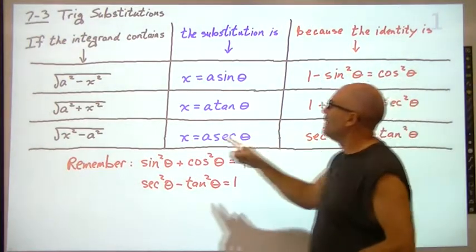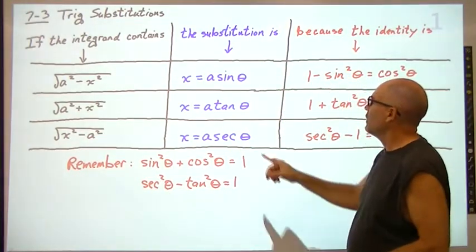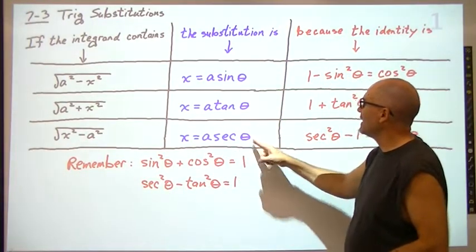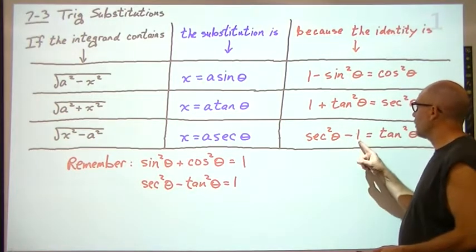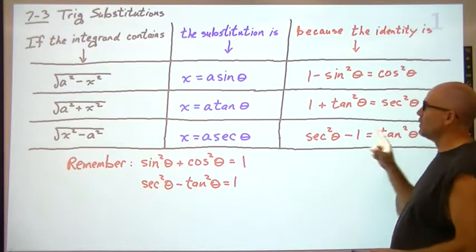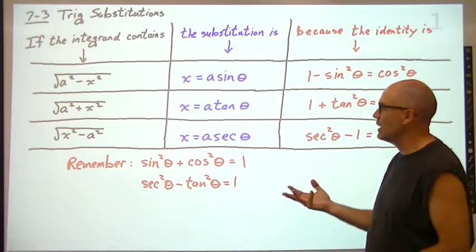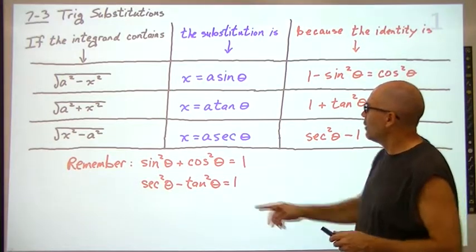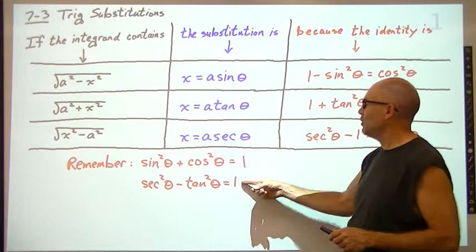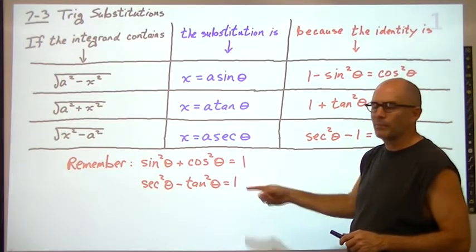And if you have x squared minus a squared under the radical, then you're going to go x equals a secant theta, because you want secant squared minus 1 equals tangent squared. You're going to have tangent squared under the radical, and that makes tangent outside. Easy to integrate. So these are all based on these two Pythagorean identities that you know and love.